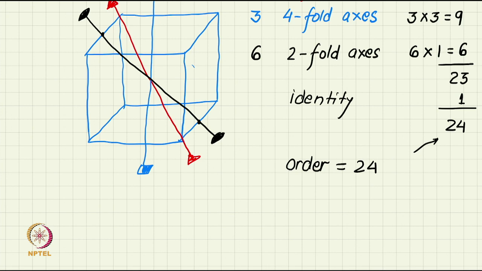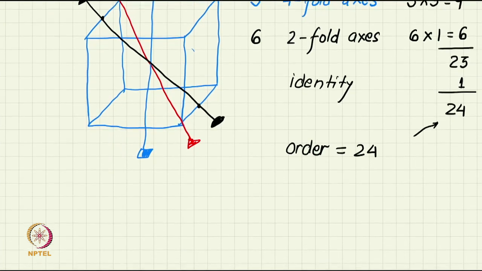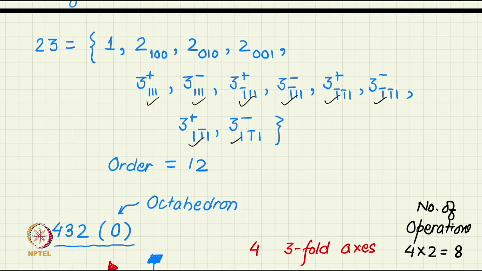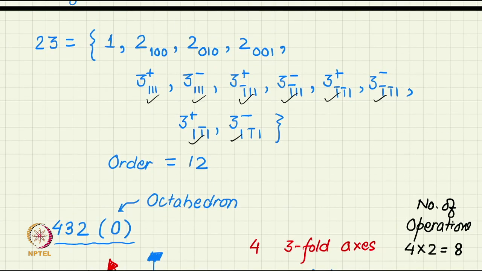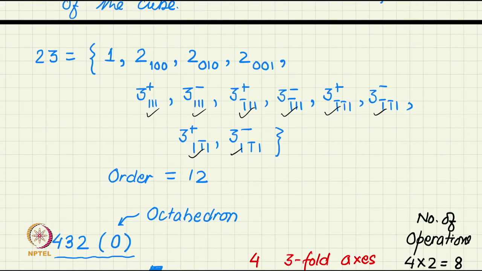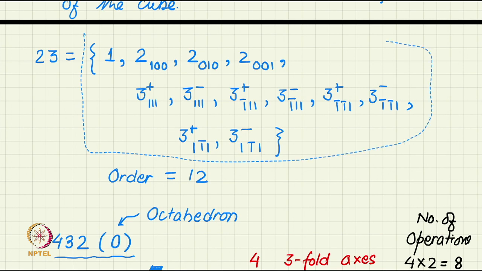So, the 3-fold, we can easily lift the 2 3 operations here. Let me just cut and paste for making my life a little simpler, because these operations are also there in the cubic.